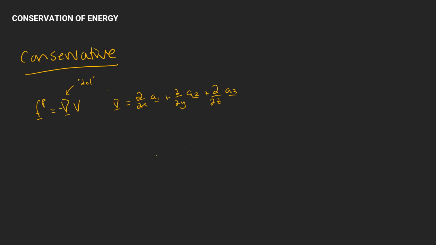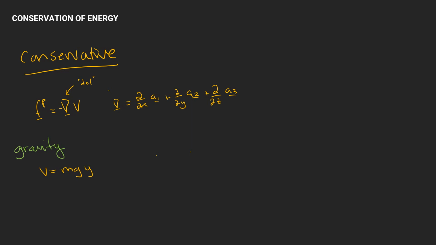And so just some examples, again, gravity is a conservative force. So for gravity, our V is equal to mgy, right? Y being, say, the height.